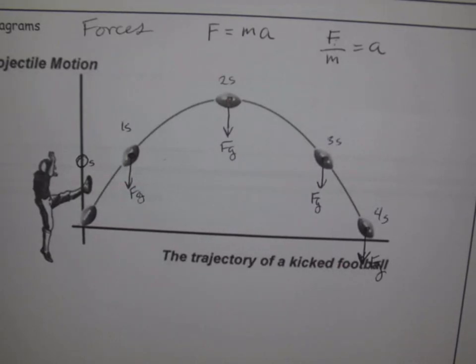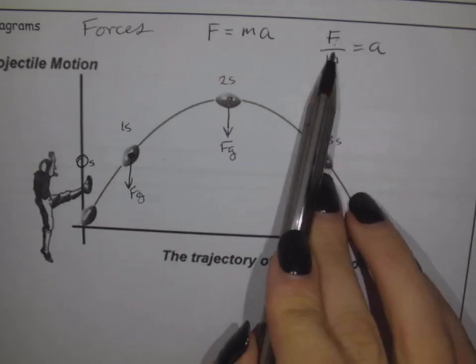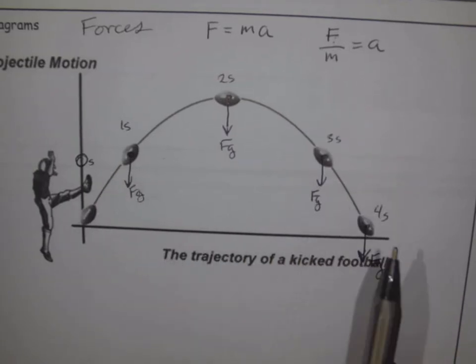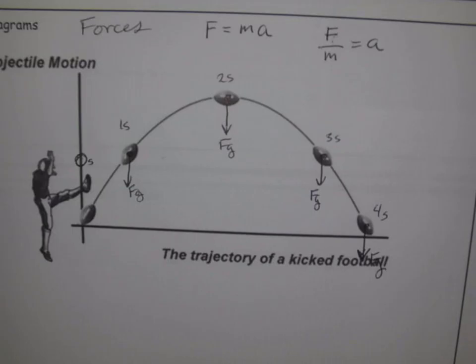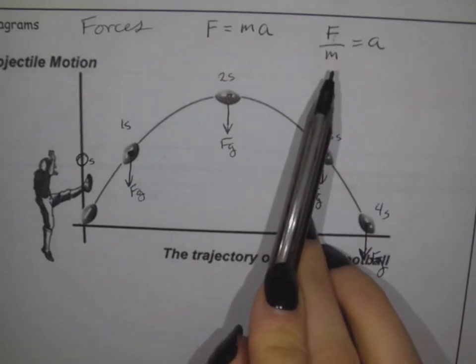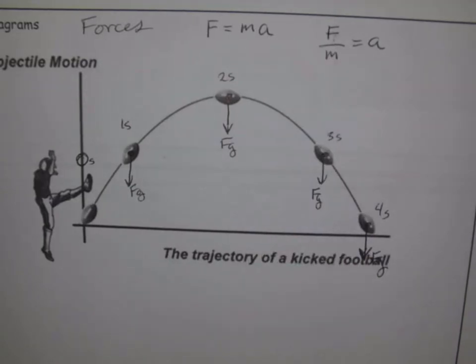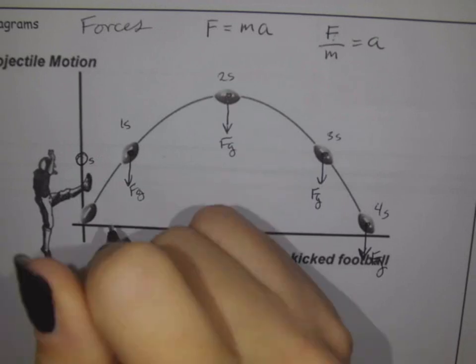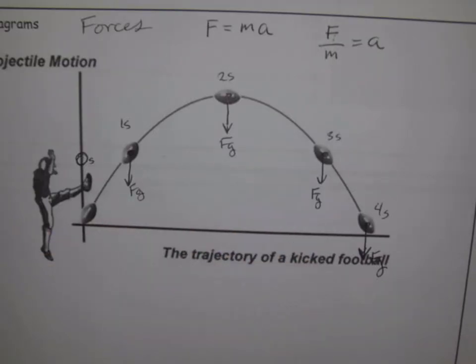The force has not changed, and the mass of the object has not changed. So if the force isn't changing and the mass is not changing, then the acceleration is not changing. The acceleration is constant for all of them.